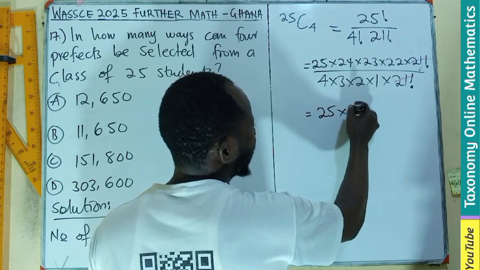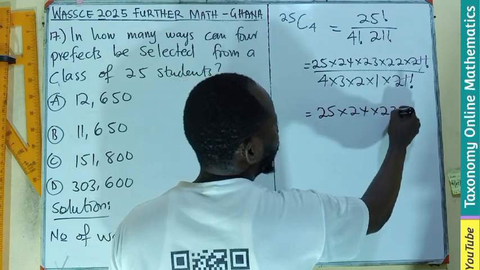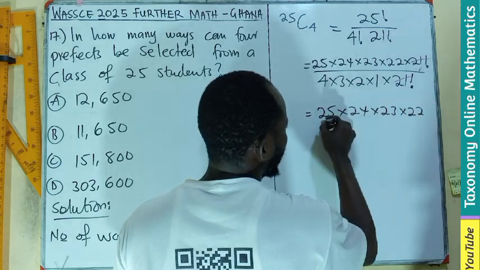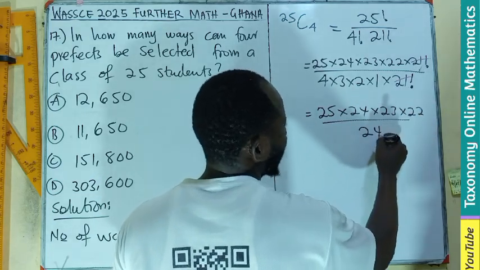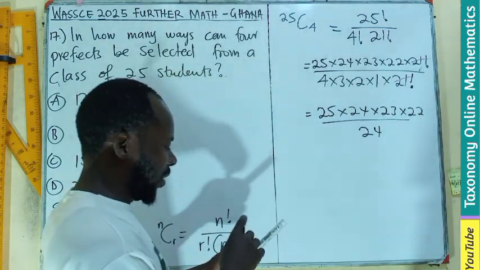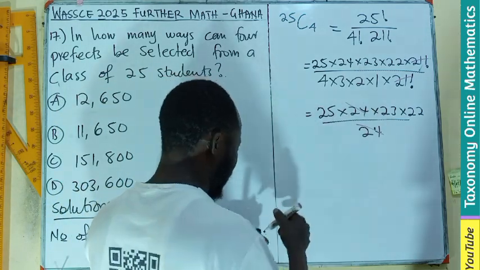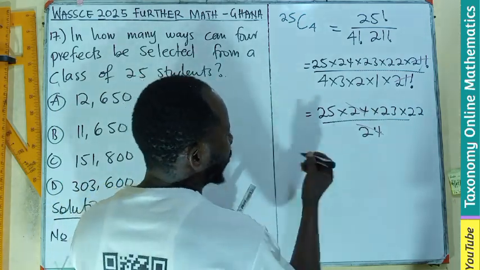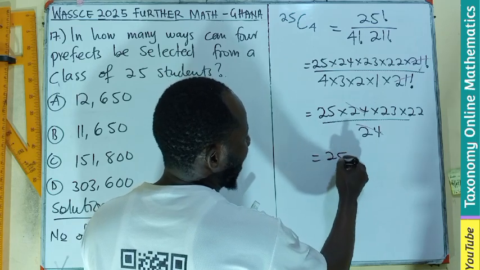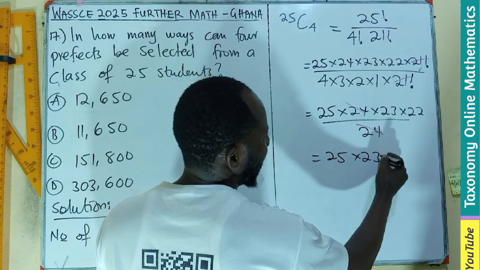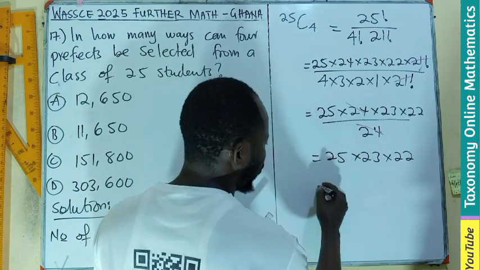So 25, 24, 23, 22, now divided by 24 in the case of that. So I can now cancel my 24 out. Then I should be left with 25 times 23 times 22.